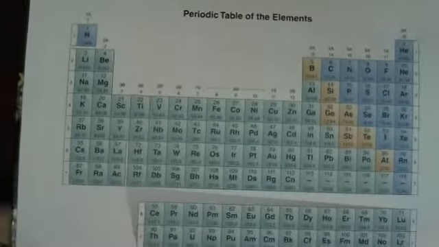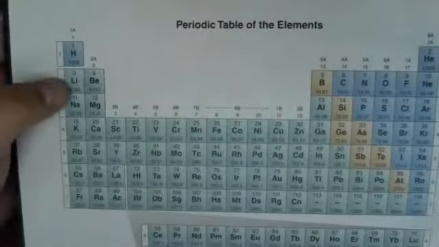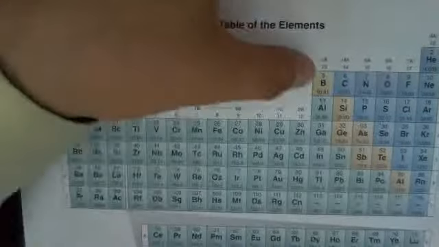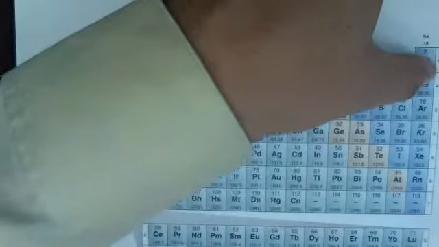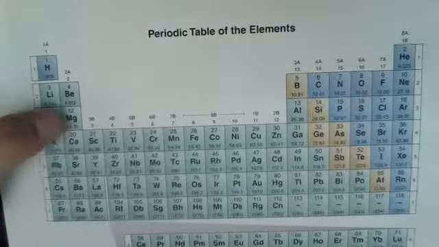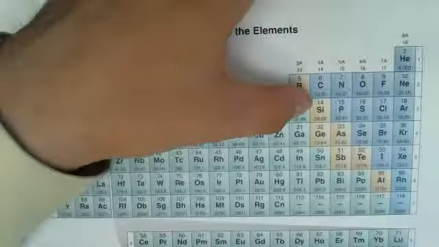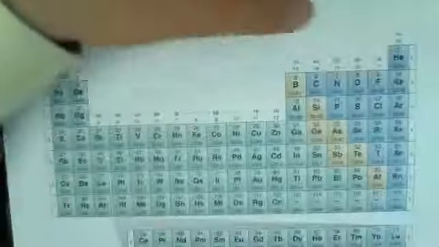And so I'd look at this and I'd have 1s1, 1s2, 2s1, 2s2, 2p1, 2p2, 2p3, 2p4, 2p5, 2p6. Then in the 3rd row now, 3s1, 3s2, 3p1, 3p2, 3p3, 3p4.